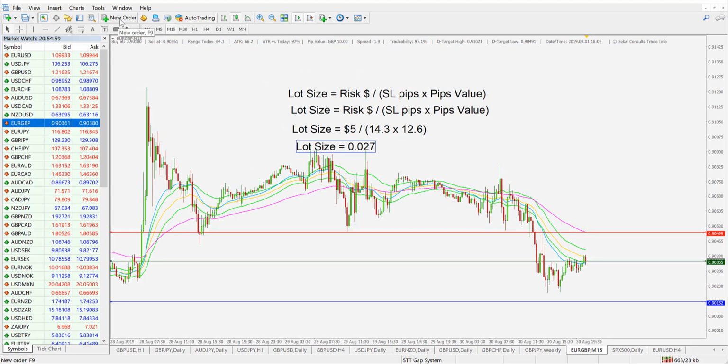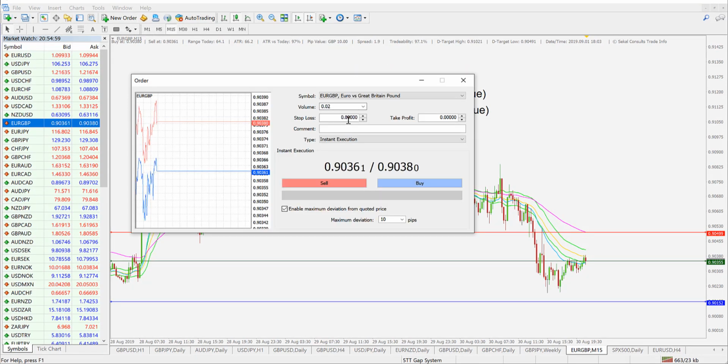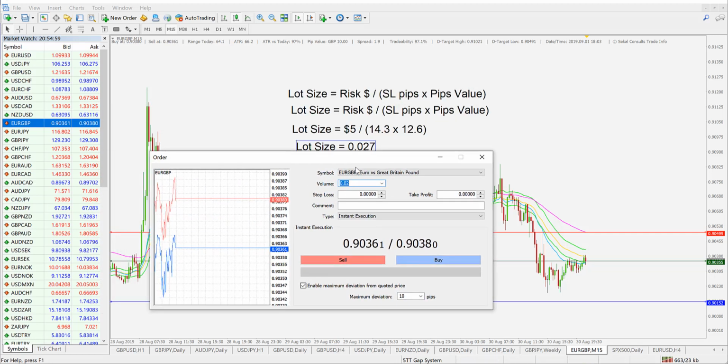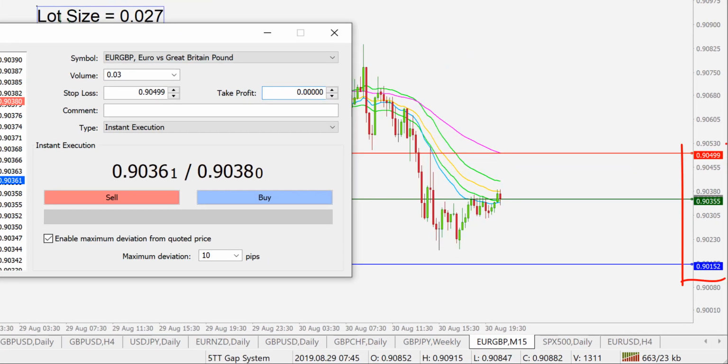So if you go here, new order, you want it to be a sell, it is a sell instant order, and you want to take 0.03. Remember, 0.03 is the volume, and here you can set your stop loss, which in this case is 0.90499, and the take profit will be 0.90152.